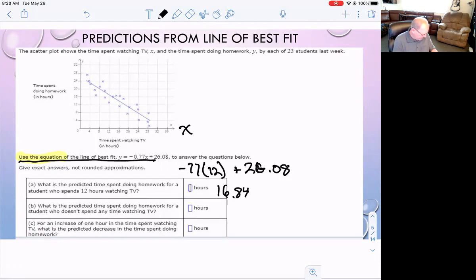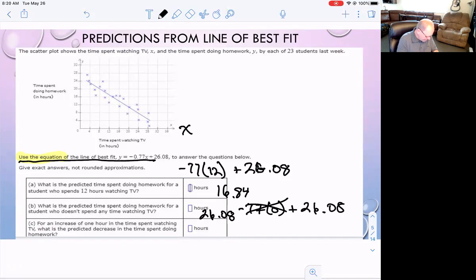What is the predicted time spent doing homework for a student who doesn't spend any time? Okay, so look, negative 0.77 times 0, that term is going to go away, plus 26.08, right? 0 times anything, so 26.08. For an increase in an hour in time spent watching TV, what is the predicted decrease in the time spent doing homework? So it's talking about the slope. We're going over 1 hour watching TV.